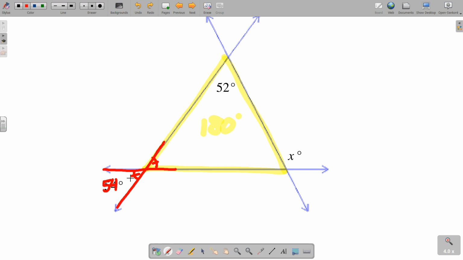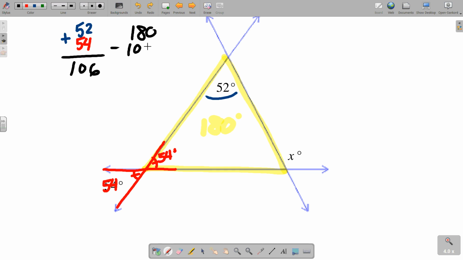So if this is 54 right there, that has to be 54. Bam. We now have two angles inside that triangle. Let's add them up. Now let's take that away from that 180. Because the triangle has to add up to 180.